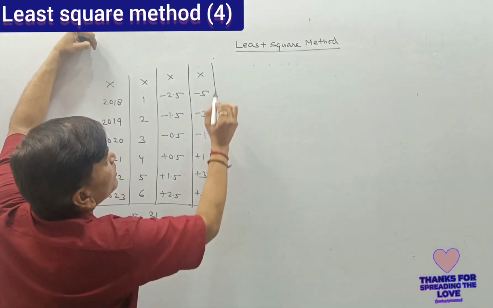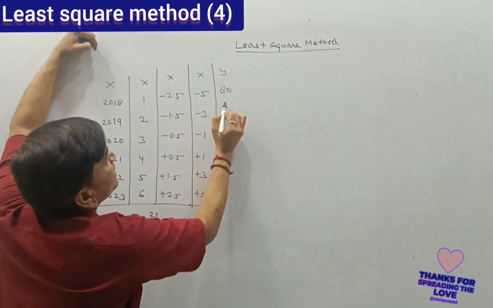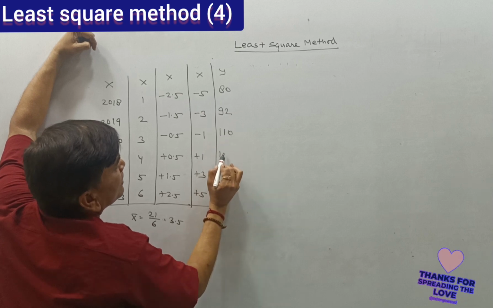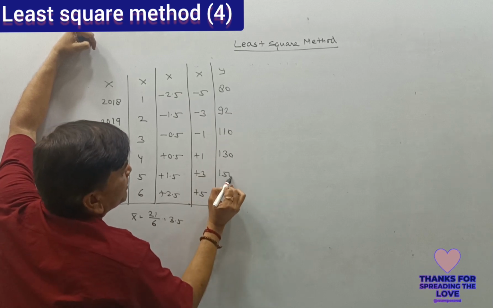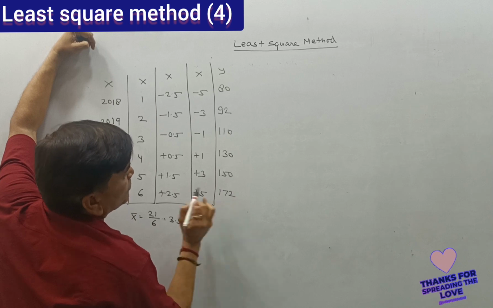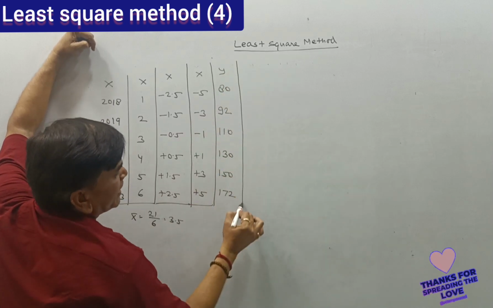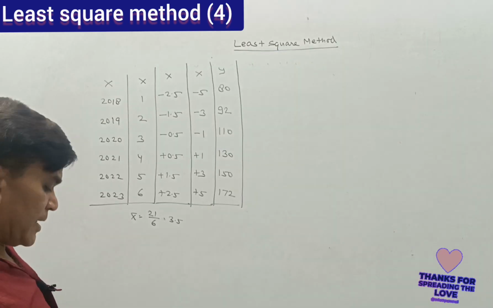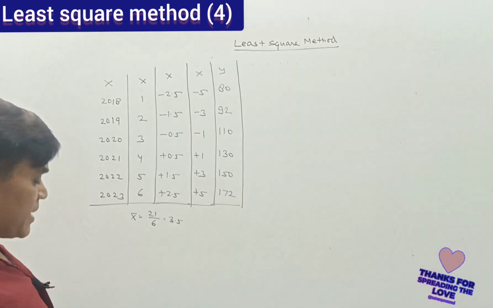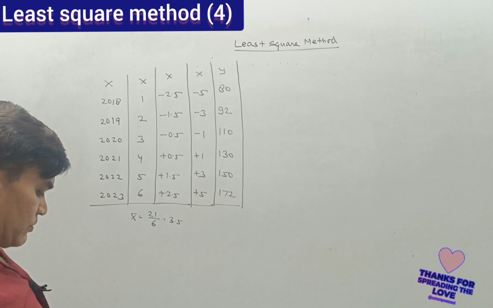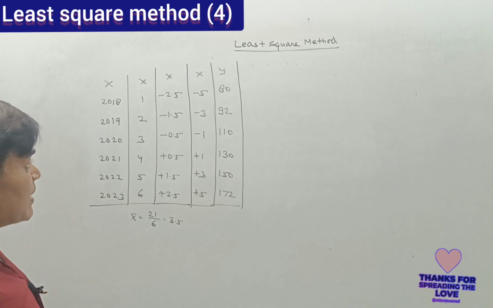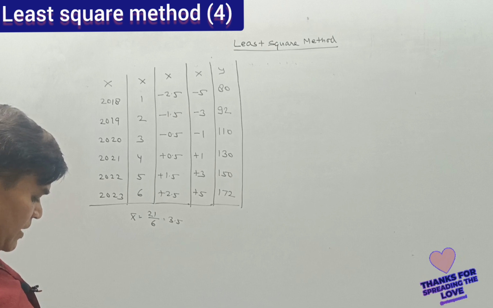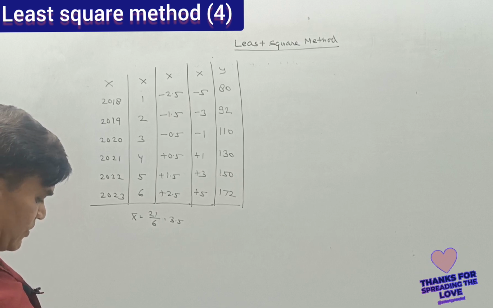Now suppose the value of y is 80, 92, 110, 130, 150 and 172. This is the value of y given. Firstly we add these: 80 plus 92 plus 110 plus 130 plus 150 plus 172.